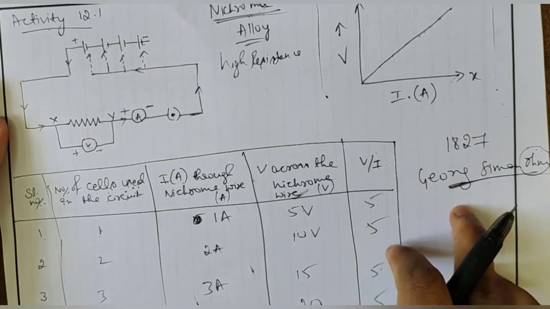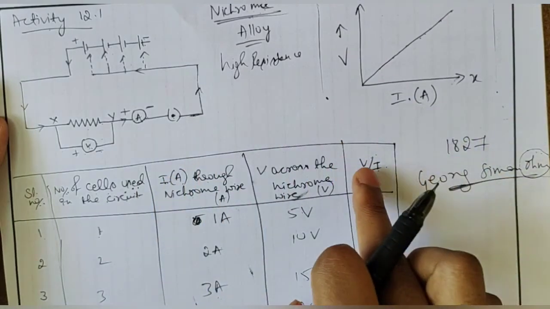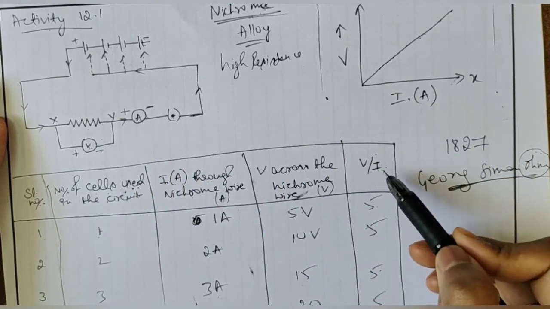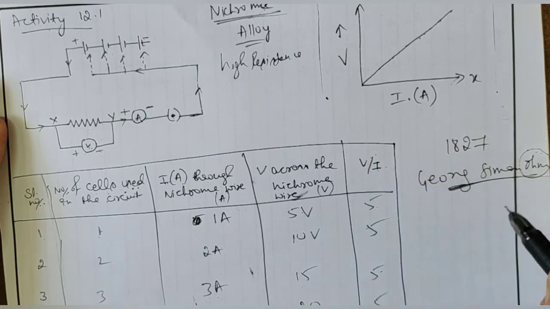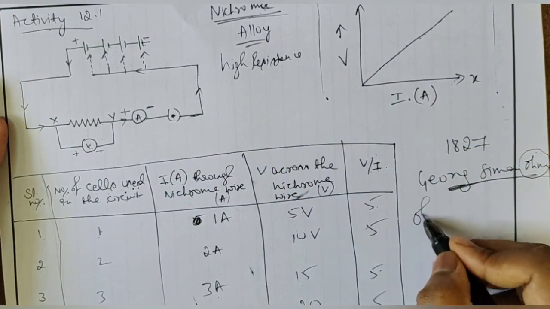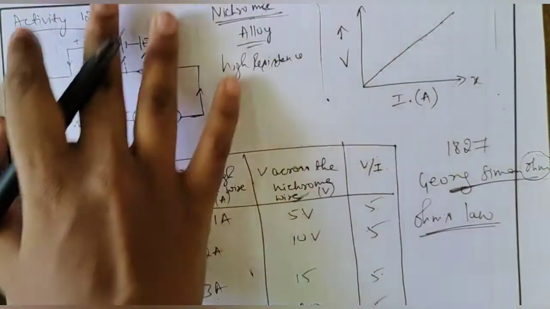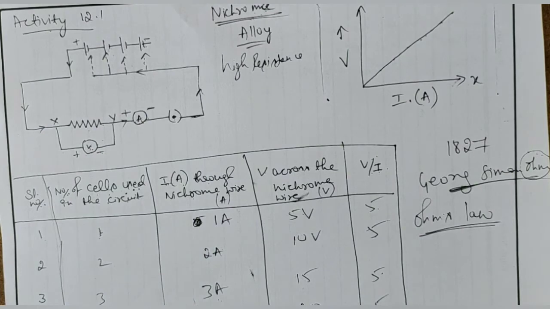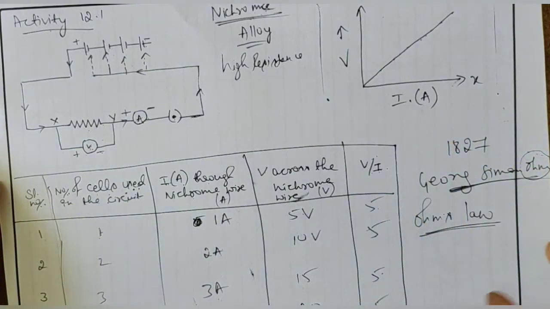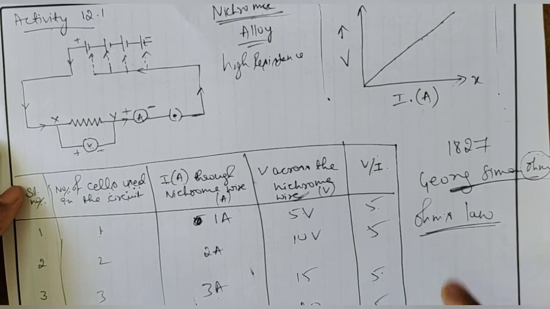This scientist explained the activity or experiment to give the relationship between potential difference and current, and this activity is named Ohm's law. Understood? So this is just an experimental explanation for Ohm's law. Now let us see the exact definition of Ohm's law.